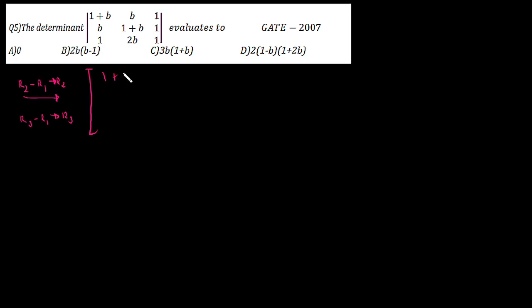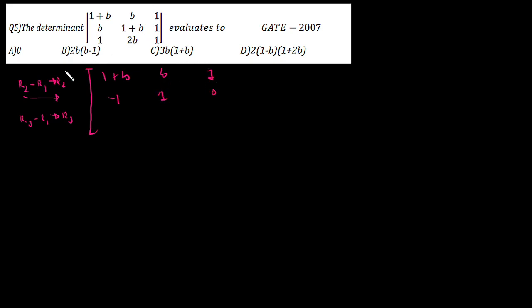The first row will remain as it is, and now here I have to subtract this 1 plus b from this b. So here I am getting minus b, and we already have plus b, so minus b and plus b cancel out and we are getting minus 1. Now here this minus b will cancel with this plus b, so again 1, and here this 1 will cancel with plus 1.